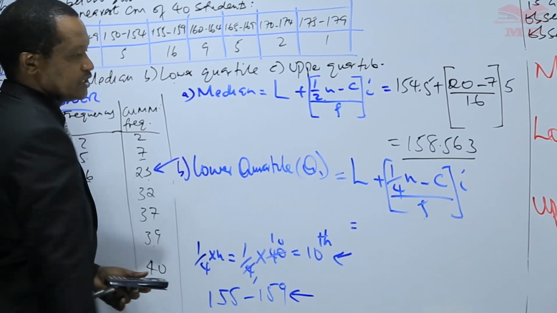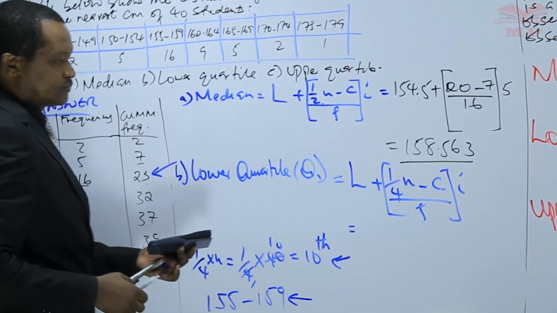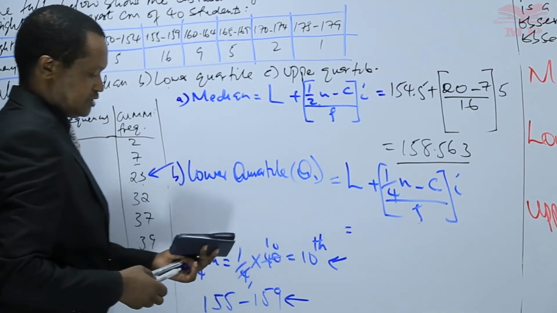This will now help us calculate the cumulative frequency and also the lower class boundary.